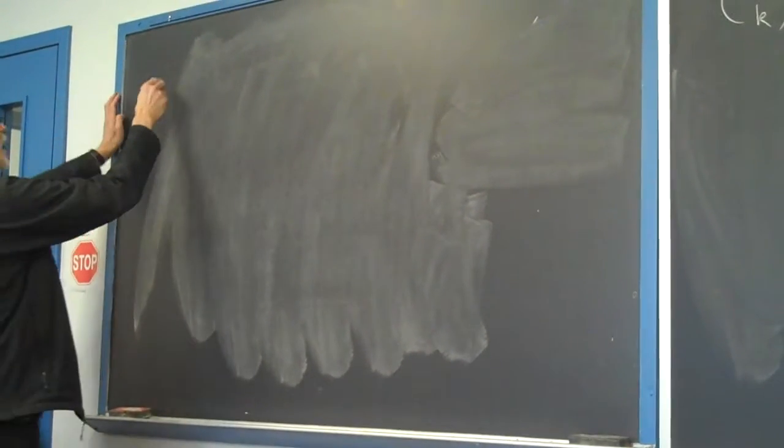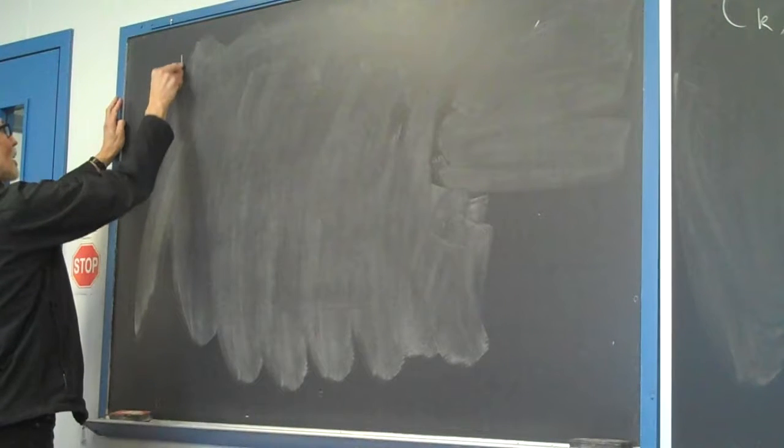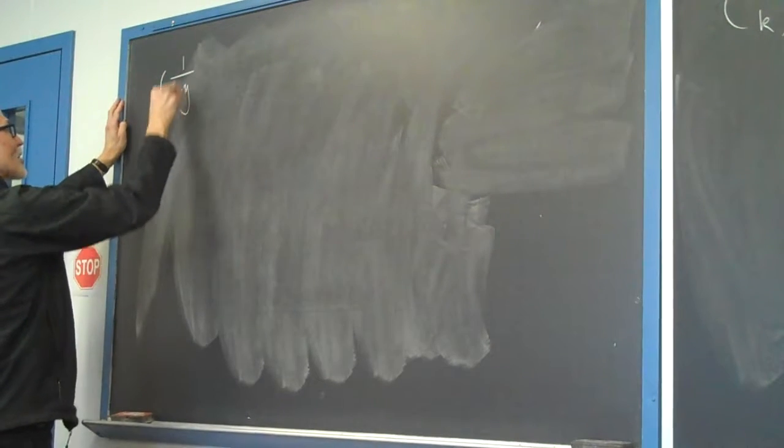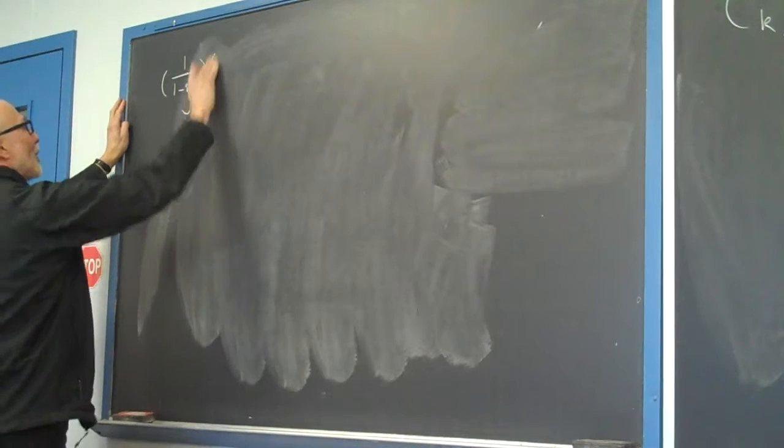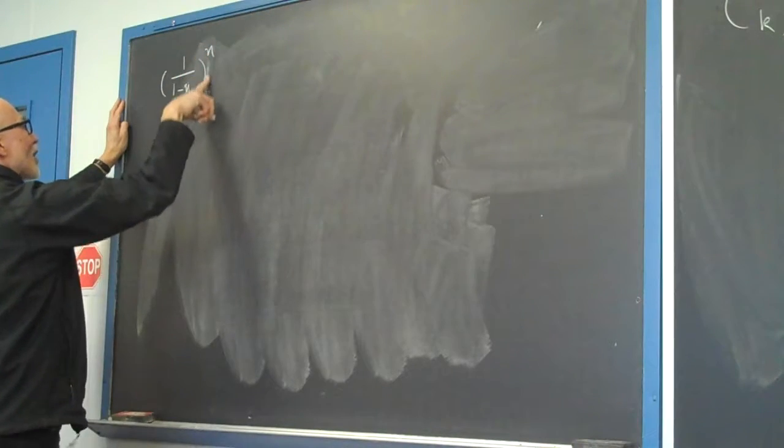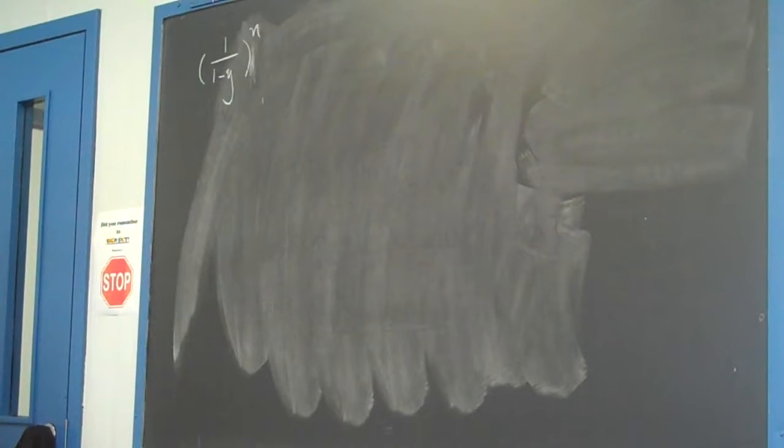So I want to take 1 over 1 minus y raised to the nth power, and I call it y because I want y to be yes. But I'm going to let 1 be no, because I want 1 to act like 1, okay?